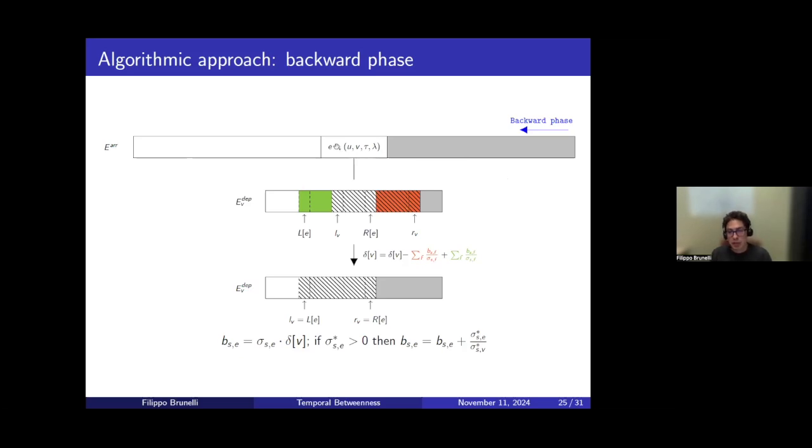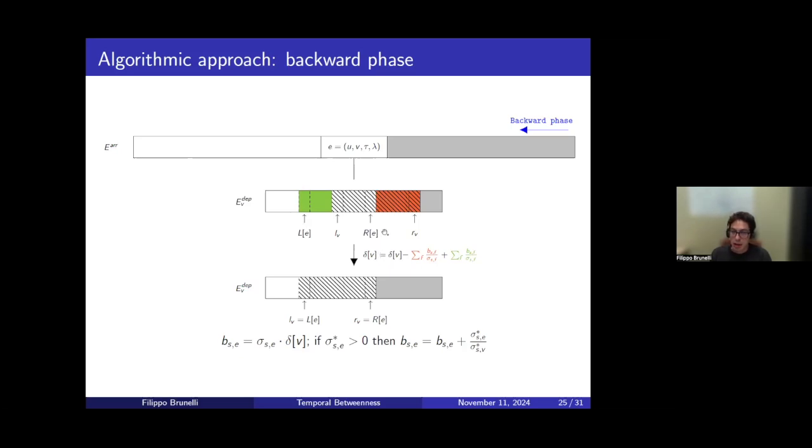Whenever we consider an edge E, we look at the list of temporal edges departing from V. And we have a variable, let's say delta V, that has the sum of the dependencies of the edges in a window of this list, which is defined by these two indexes, LV and RV. And LE and RE are the successors of E in the optimal walks. So we need to shift back this active window and update the sum of dependencies.